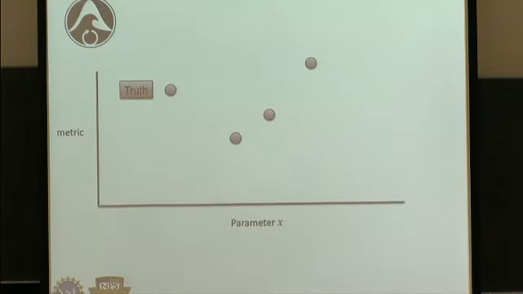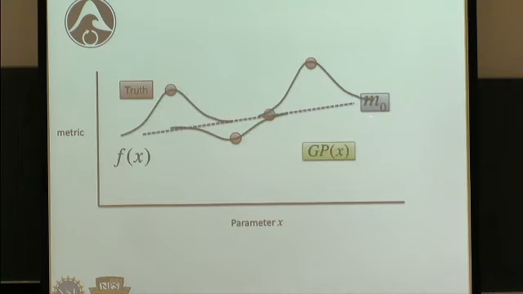This is just a simple schematic of what I've just referred to. I'm using one parameter. We have a parameter x with various values that went into the 4 simulations, and we have some metric on the y-axis here. So we get 4 values coming out of the simulator. And then there's the mean process portion, and then the Gaussian process that is trying to fit the points in this manner.